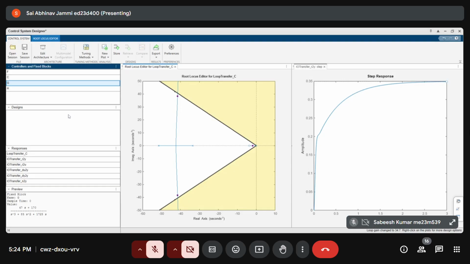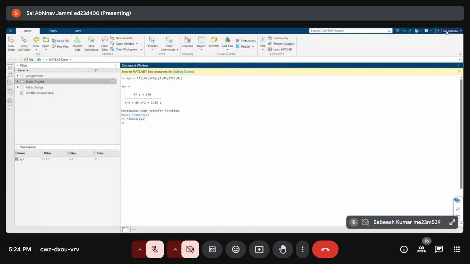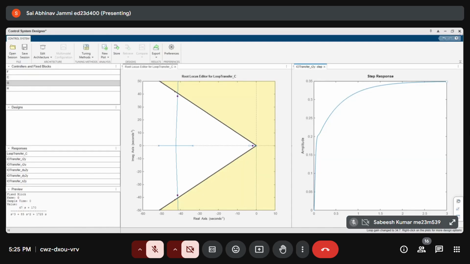Okay, here the transfer function. The transfer function I have created, I made an error here. Sorry for that. So the transfer function is this. I'll close this window now.